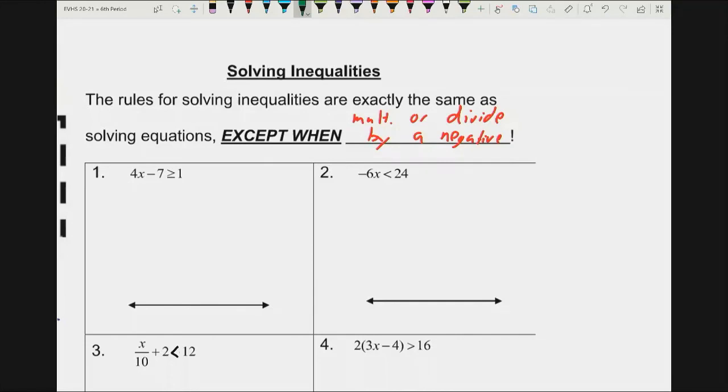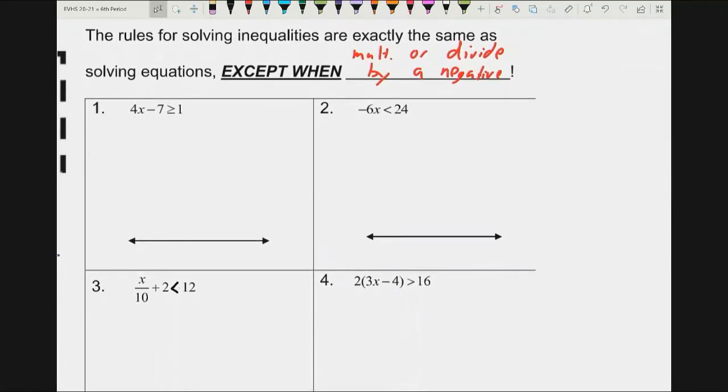Number 1. First step on this one, add 7. Gives me 4x is greater than or equal to 8.